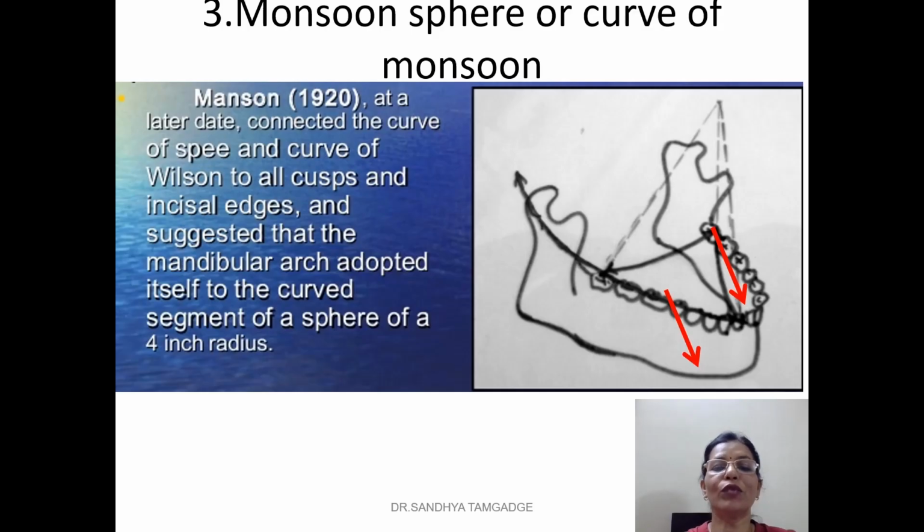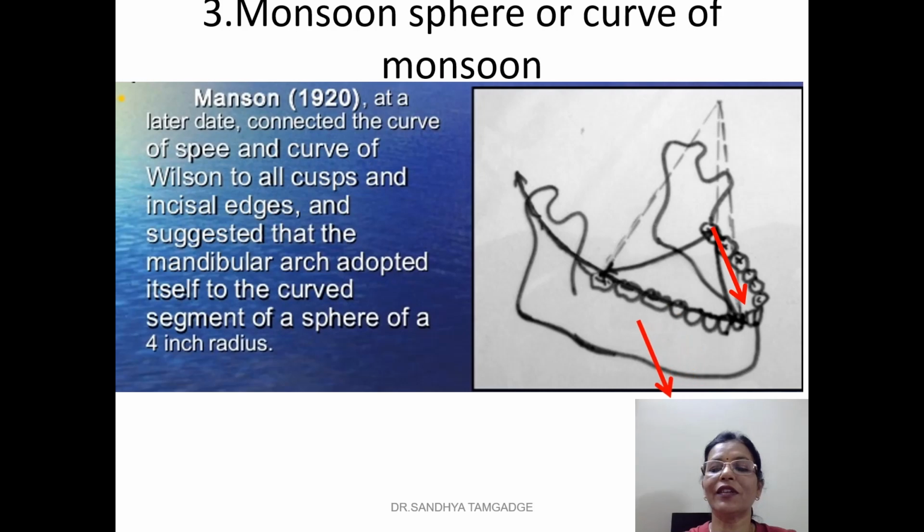Now let us see the Monson sphere or curve of Monson. It is basically a combination of both the curves, curve of Spee and curve of Wilson. And it includes all the cusps, all the incisal edges and all the teeth. If you join both the curves in both the planes, it would form a sphere that is called as sphere or curve of Monson.